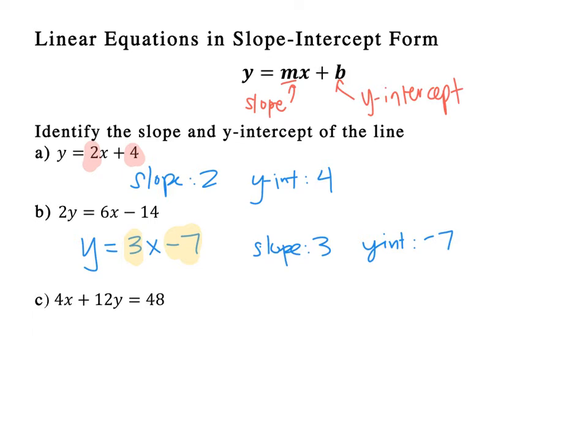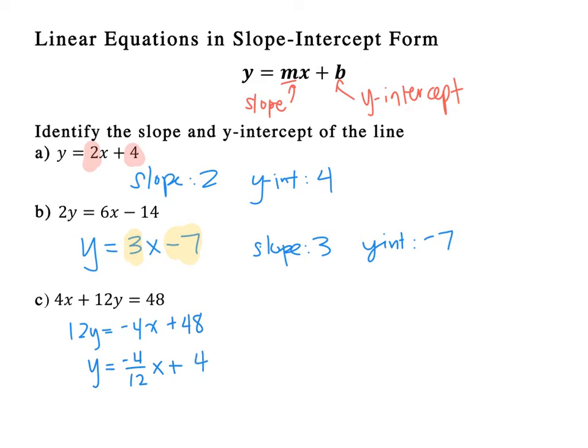Looking now at our last one, there's a little bit more work, but I'm just going to do the same thing. Put it in slope-intercept form by isolating y. So I'm going to move that 4x. I have 12y is equal to negative 4x plus 48. Dividing by 12, y is equal to negative 4 over 12 x plus 48 divided by 12, which is 4.